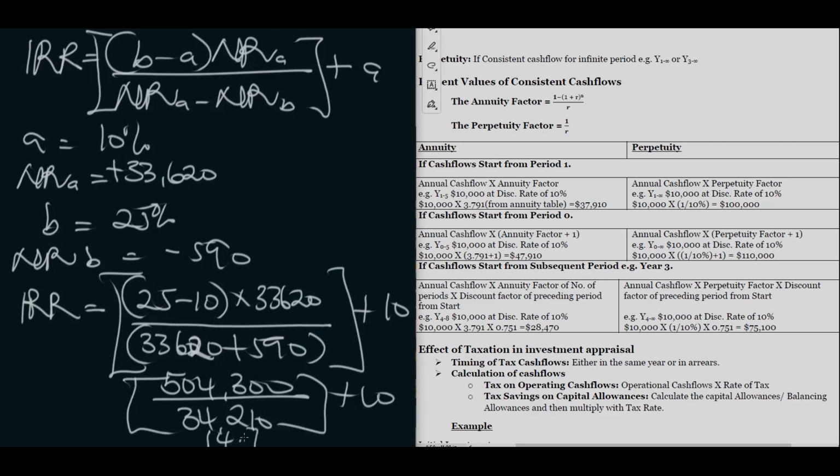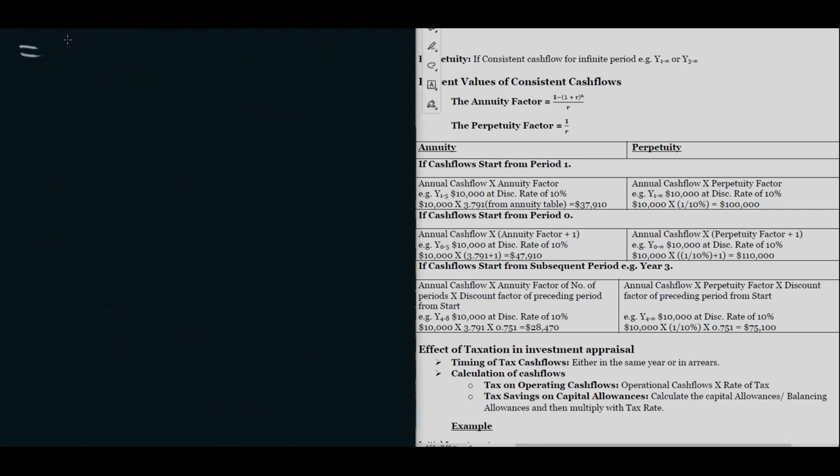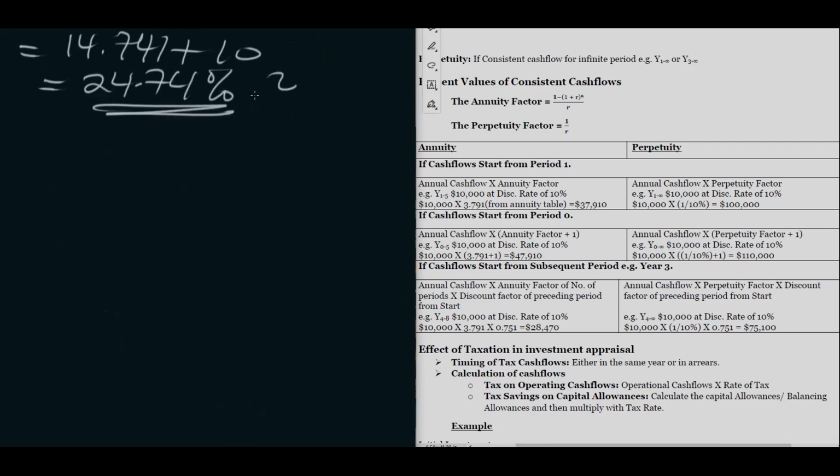504,300 divided by that gives me 14.741, plus 10, so my IRR is 24.74%, equivalent to the 25%.